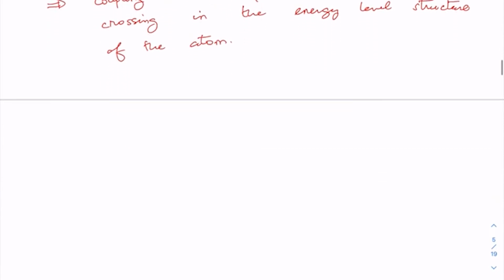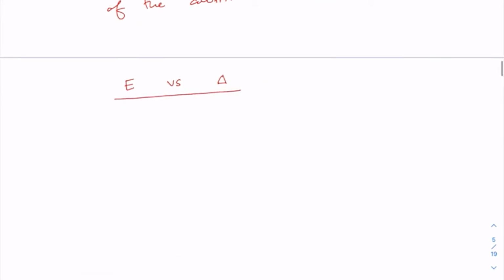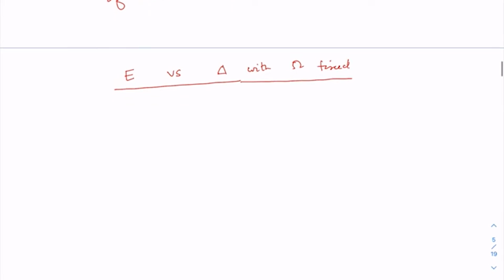To see that, let us plot the eigenvalue E as a function of the detuning parameter delta, with, say, the Rabi frequency fixed. We have done a similar kind of thing when we discussed the two-level atom. That is a general characteristic of any two-state system.